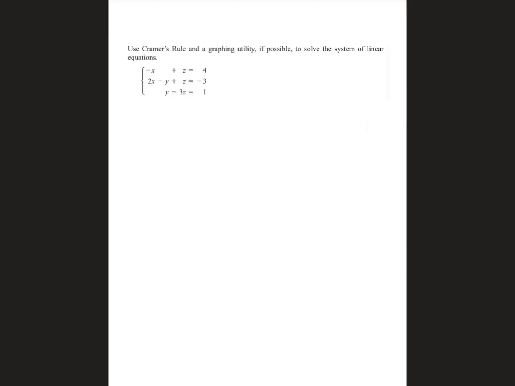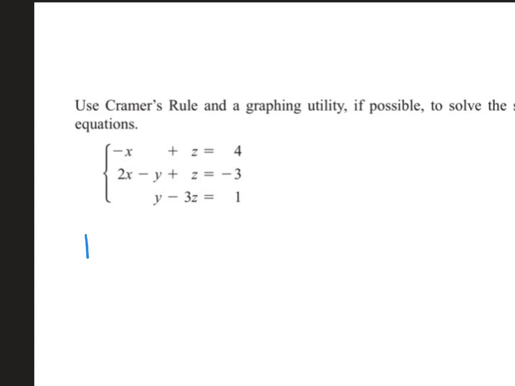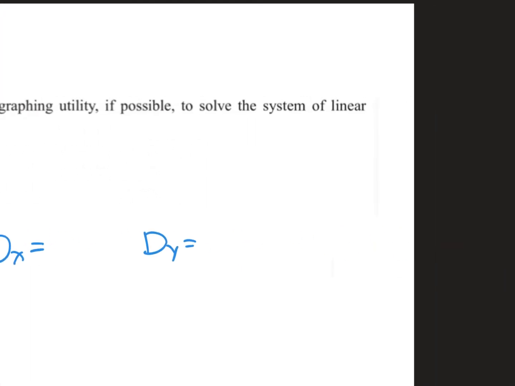All right, let's look at the next one, and then we're done. Again, use Cramer's rule. Don't worry about the graphing utility, whatever. So how many equations do we have here? 3. So we need to find our regular determinant, and then we have to find all 3 variables: d sub x, d sub y, and d sub z. With me?